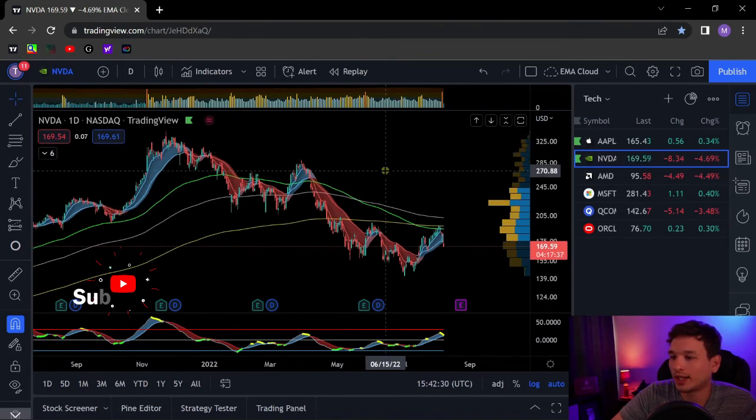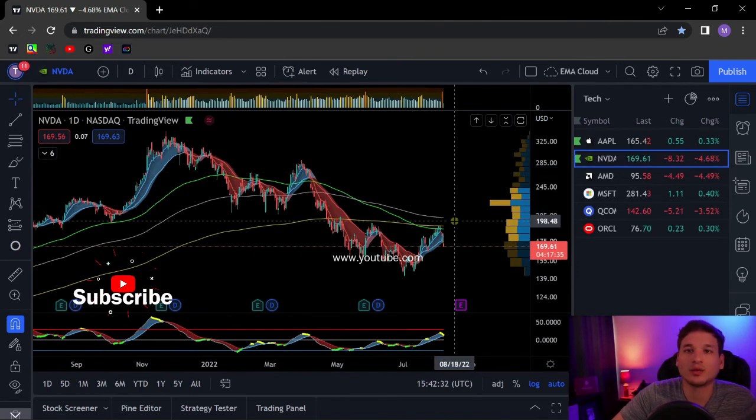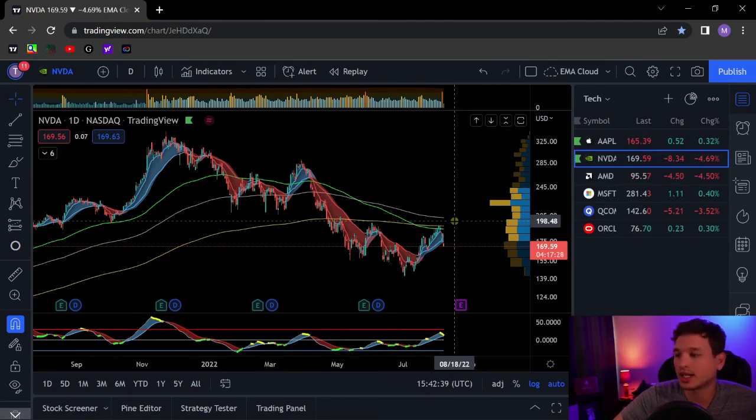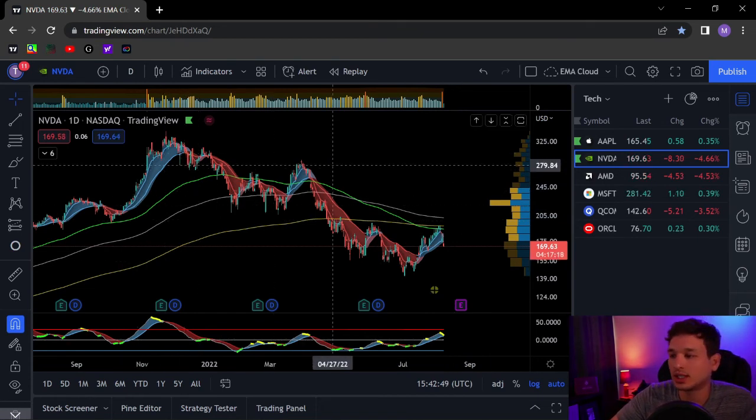But I hope that gives a good insight of what I'm looking at as far as the market. I prefer to go long, but I will go short. It's not against my trading rules necessarily. But have your own trading rules. Have your own style. Figure out what you like. You don't have to necessarily use the indicators I use.